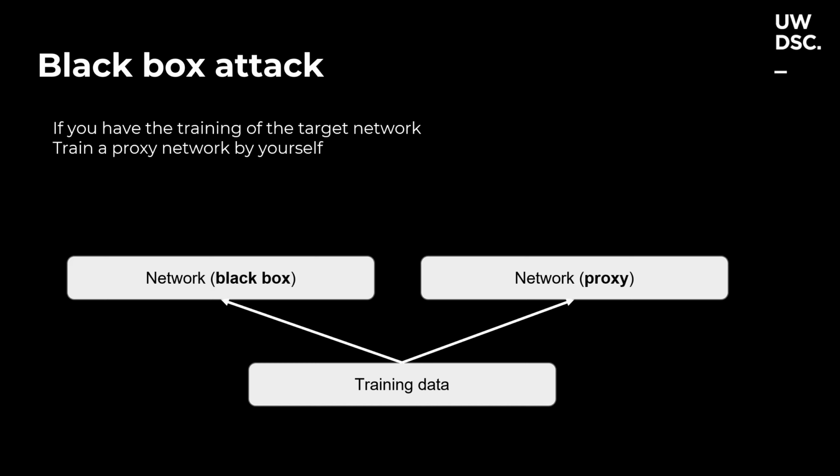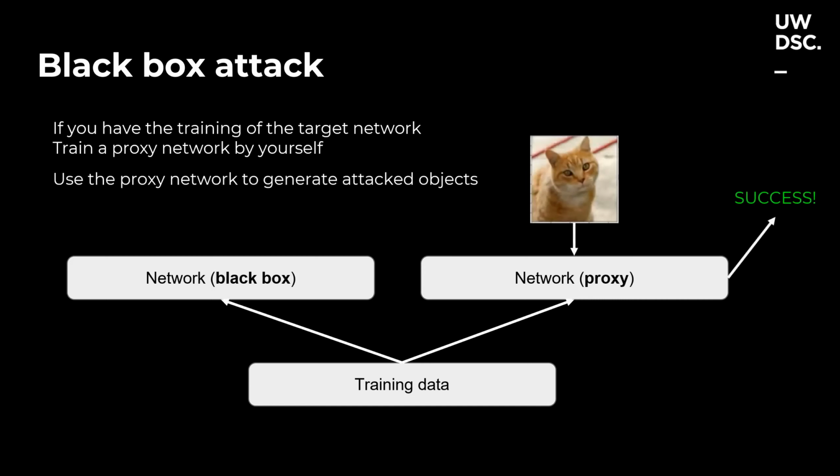We will be able to gain some useful insights and generate some possible attack images. So we use the proxy network to generate attacked objects. Let's say we feed our fake cat into the proxy network and the attack succeeds, then we can possibly feed that to the black box network and be successful.